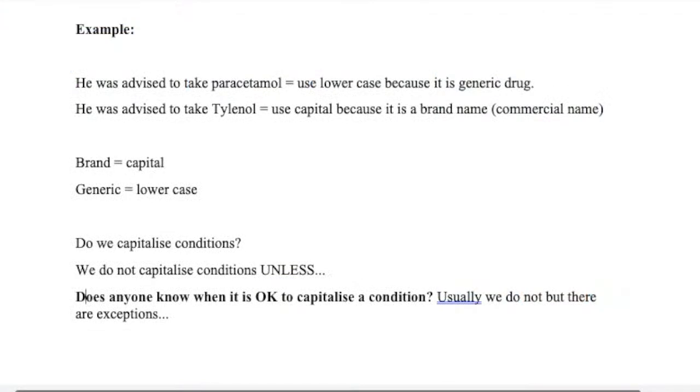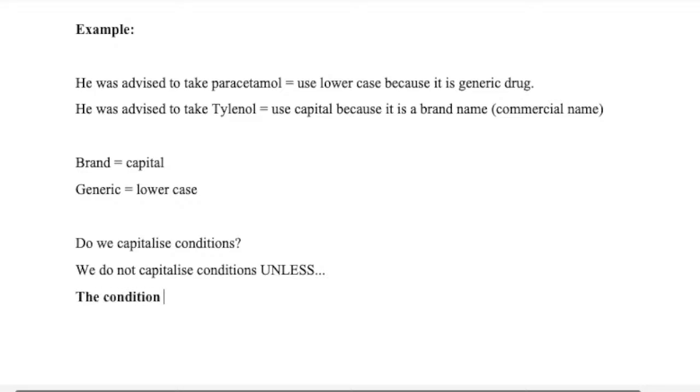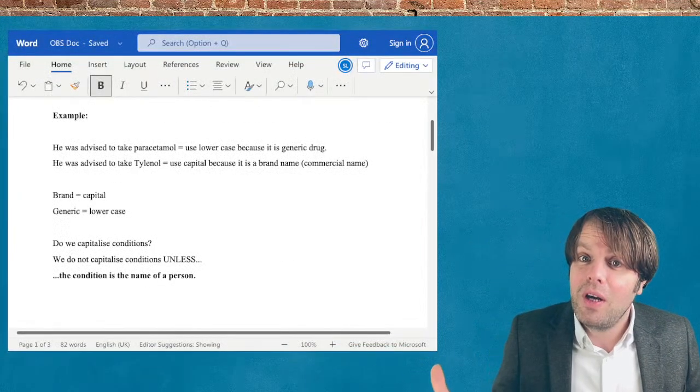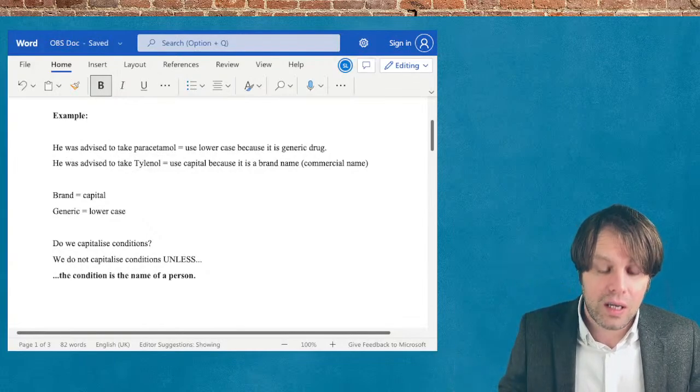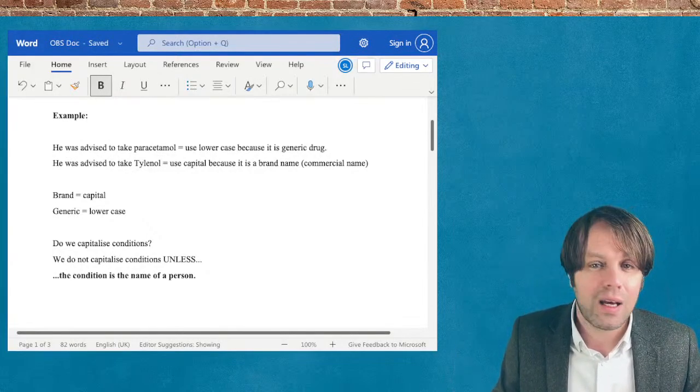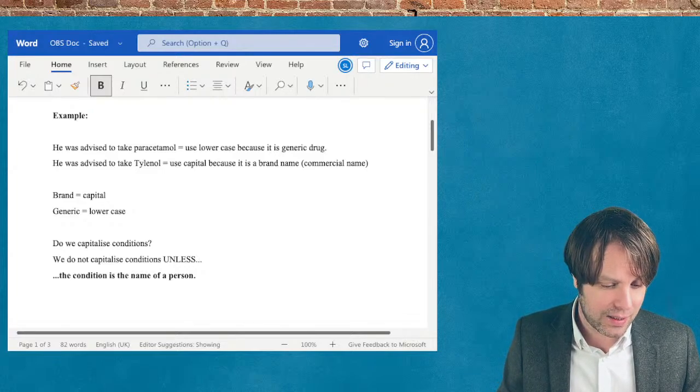Unless, so let's get rid of all of this. The condition, Parkinson's, Down syndrome, is the name of a person. In the case of Parkinson's disease, that's the name of a person, the scientist, I think, who discovered it. Crohn's disease, Down syndrome, there are many things like this.